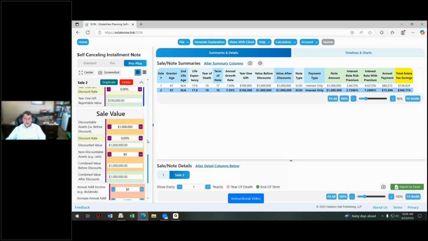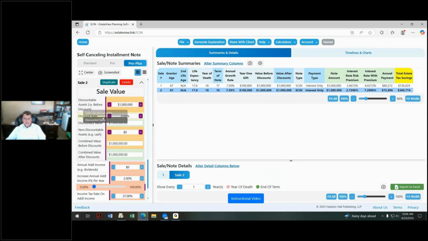For the sale value, we also have the ability to run projections where we can run a discount rate. This would mean that instead of selling $1 million worth of Apple stock, maybe I contribute the Apple stock to an LLC. The LLC has voting and non-voting interests. After a little bit of time has passed, I could sell the non-voting interests in the LLC to this trust in exchange for the self-canceling installment note and maybe apply a 30% discount.